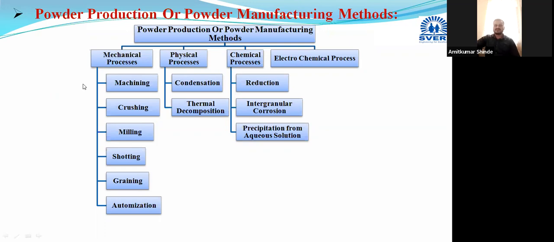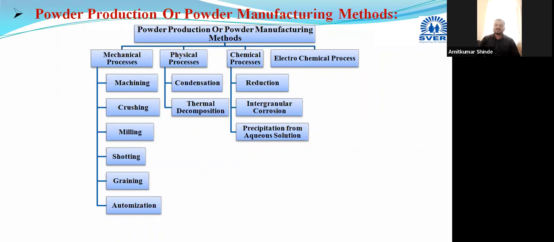Now, I will start with the mechanical processes. Six types of mechanical processes can be used in powder production. The first method is machining. Okay, machining is the first mechanical process. In machining, suppose we want to manufacture some metal powder.